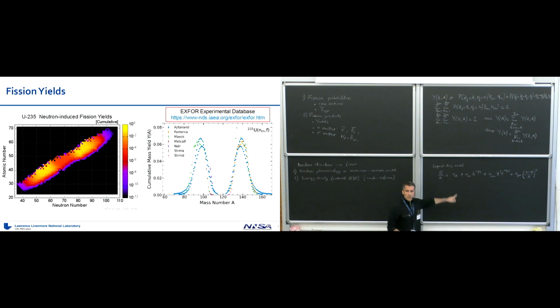How do I change this if I want to introduce deformation? Well, the first thing I need is to define what this deformation is, because now I'm not being qualitative, I'm trying to make calculations. So I'm going to show one particular formula for the radius of an arbitrarily deformed object.